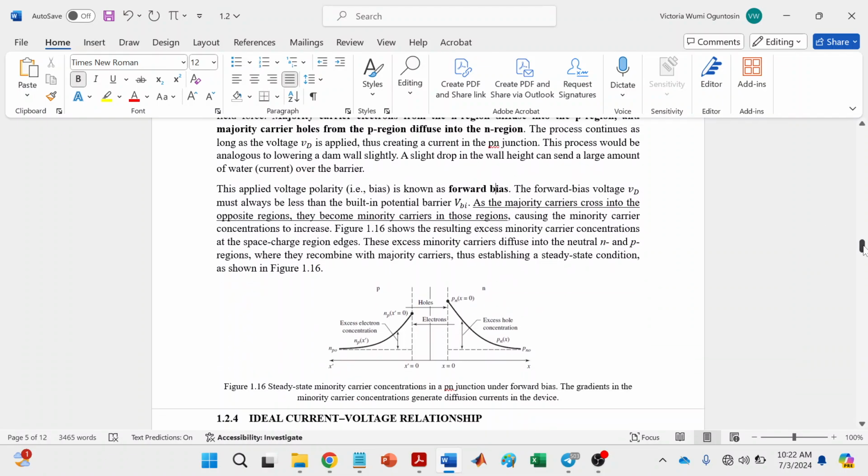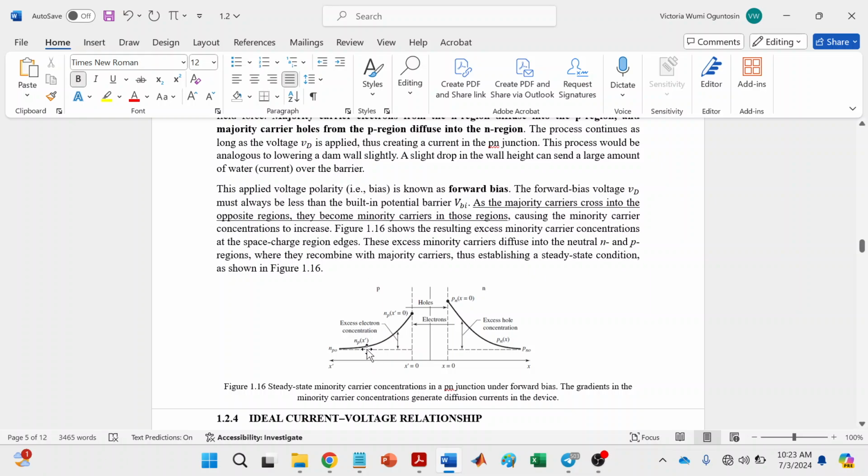So as majority carriers cross into the opposite region, remember that we said in the forward bias case, the majority carriers are able to go to the other region on either side. As these majority carriers cross to the opposite region, they become minority carriers in those regions. Remember that in the P region, the majority carriers are holes.